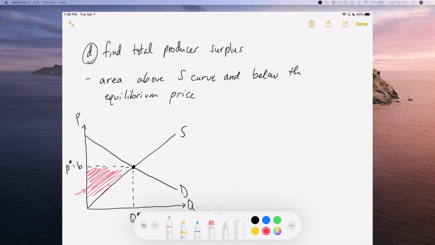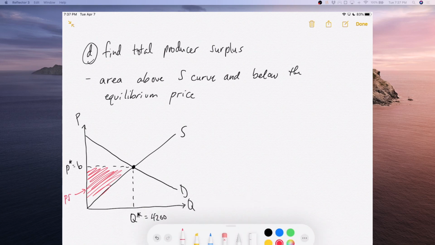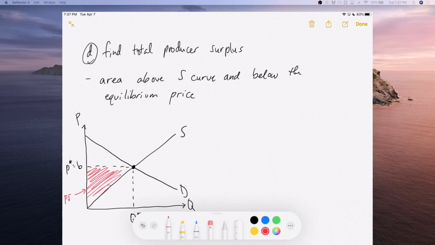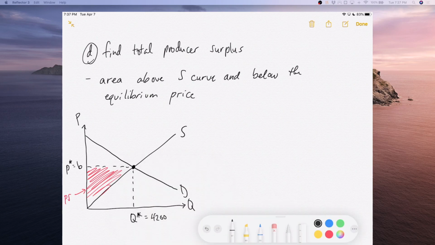Okay, so now it's just a matter of finding the area of that triangle. This is stuff that you covered in Principles of Micro, or if you took it in high school, your AP micro course, right? It's just finding the area of a triangle, you can think back to high school geometry.